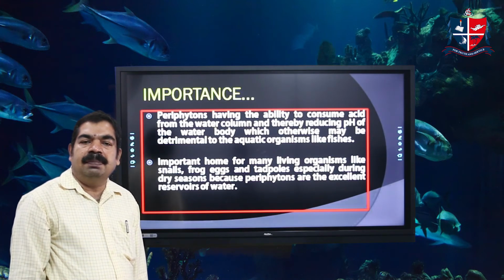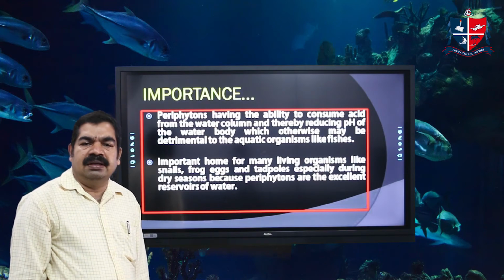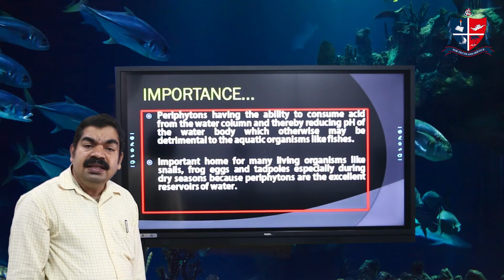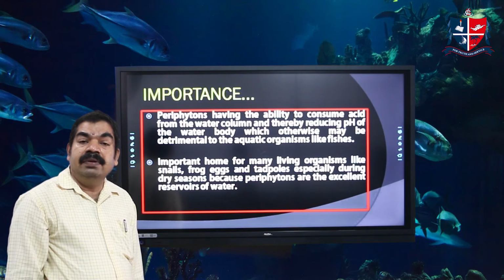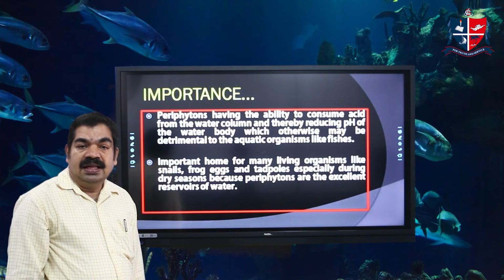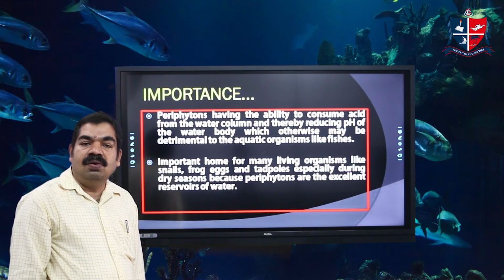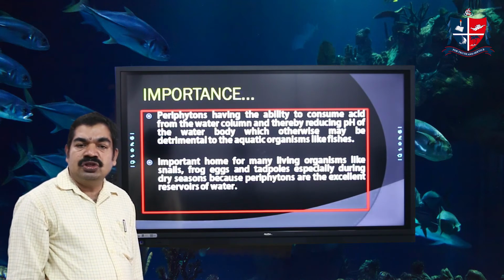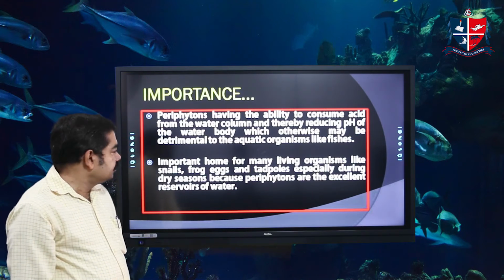They have a particular ability to absorb the acid from the water and thereby decrease the pH. And this decreasing pH will be very beneficial to aquatic organisms like fishes. Otherwise, the fish will die due to the increase in pH. So, periphyton has a definite role in decreasing the pH level of water. That will be very helpful to aquatic organisms like fishes.